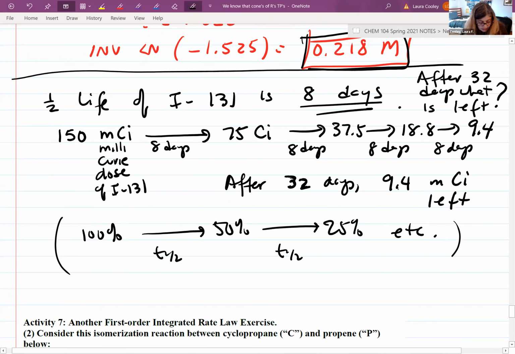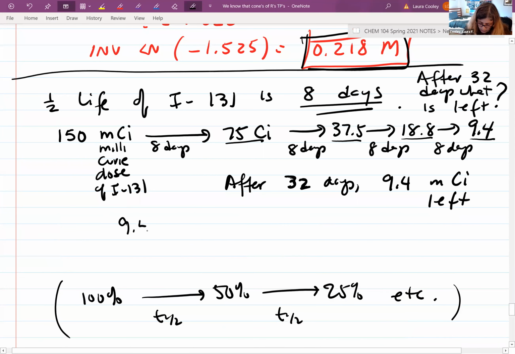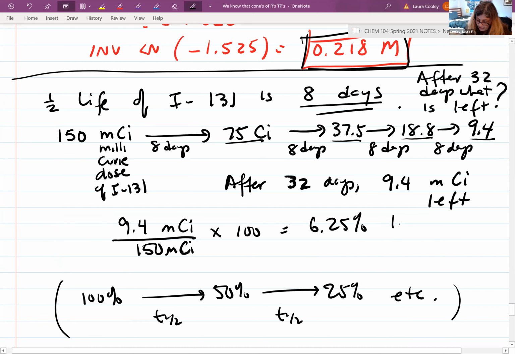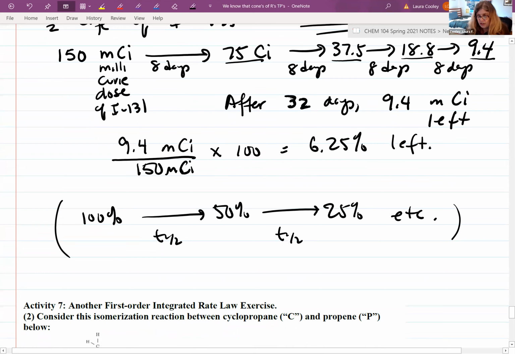You could see that here, this is 50%, 25, 12.5, this would be 6.25%. And in fact, if you took 9.4 over 150 and multiplied that by 100, you'd get 6.25% that is left. So there's different ways of expressing that.